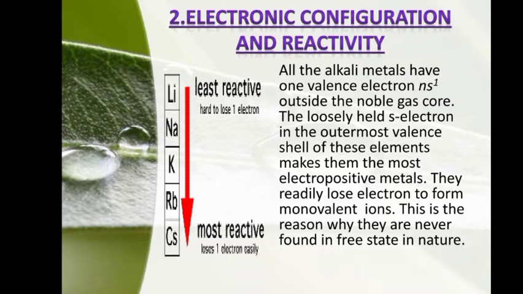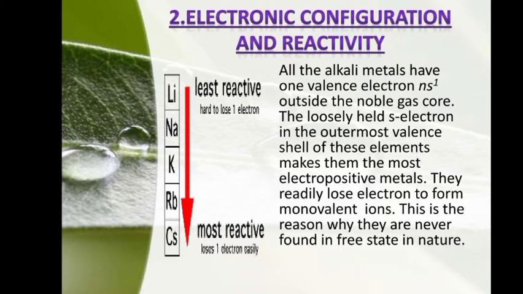If we check the reactivity of the first group elements, you can see here lithium, sodium, potassium, rubidium, cesium. So here lithium is least reactive and cesium is most reactive in nature, because if we compare these elements moving down the group, from lithium to cesium, you can see the atomic size, that is atomic radius, increases down the group.